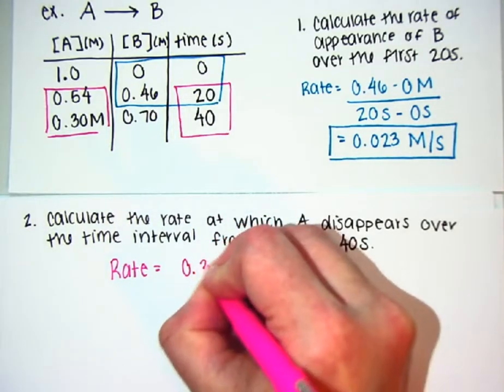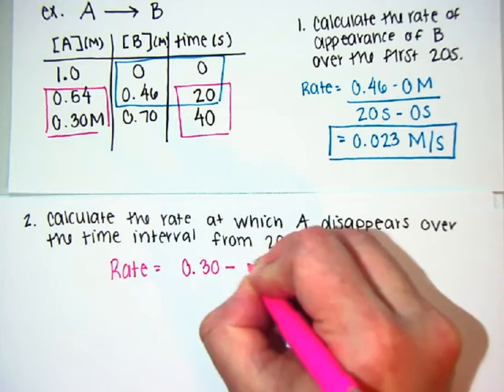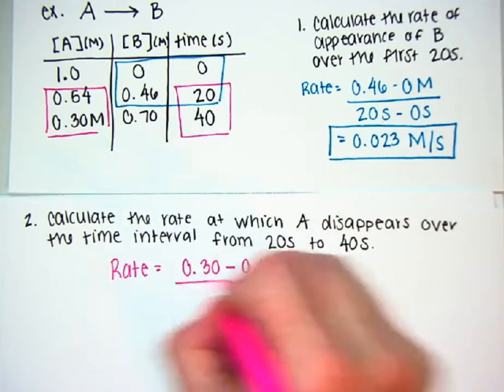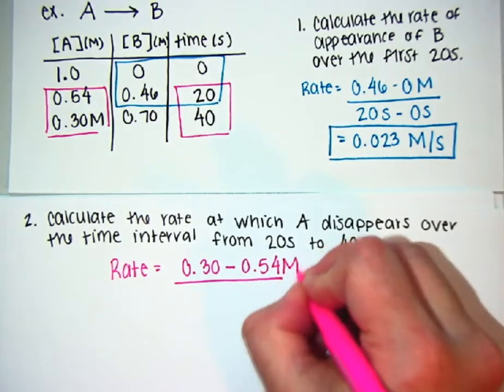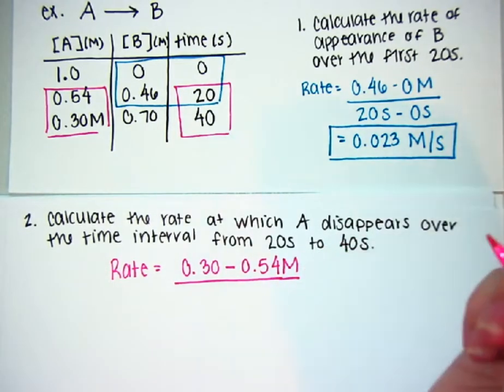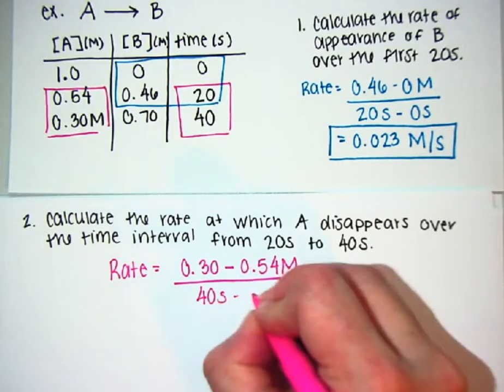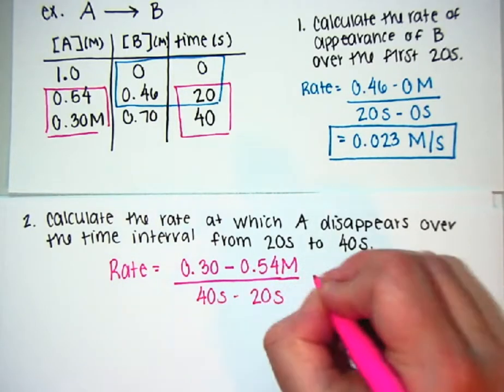So I'm going to take the change in concentration and divide it by the change in time, 40 seconds minus 20 seconds.